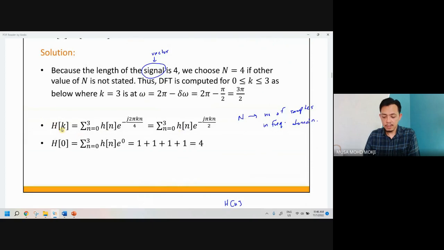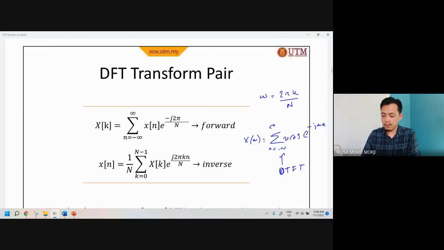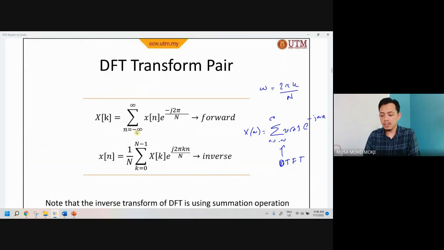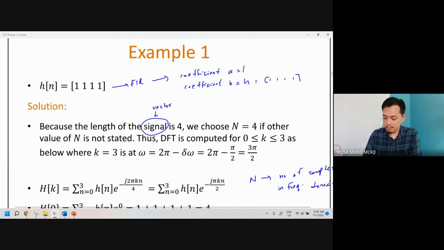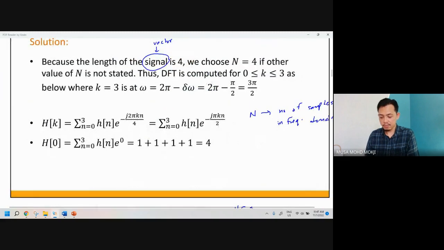So then this is the formula. Hk, what is the formula? This is the general formula. Hk is a summation of that signal, multiplied with e to the power of minus j 2 pi k over n. So we just plug in all the values.